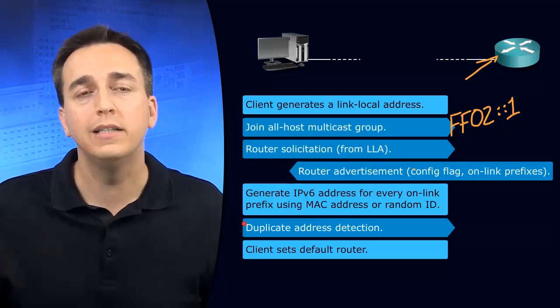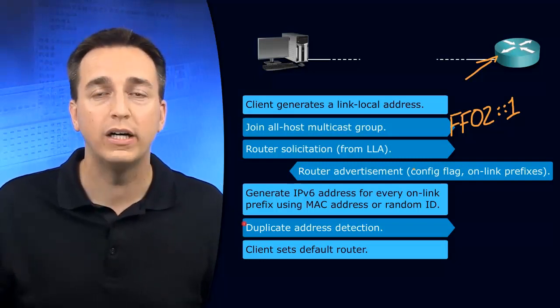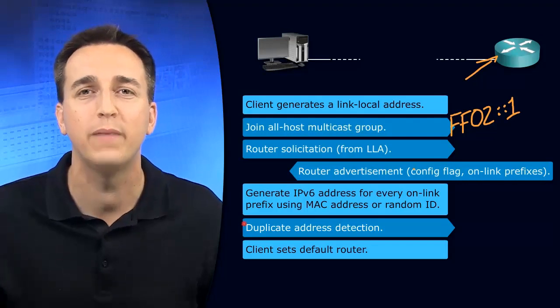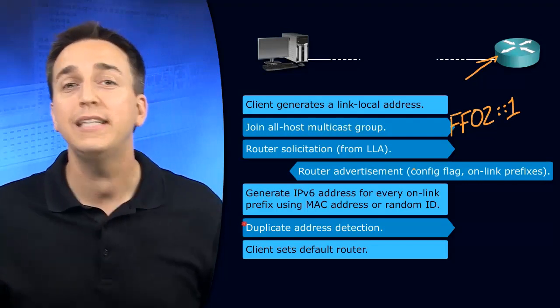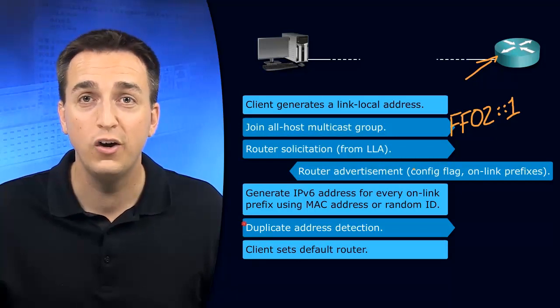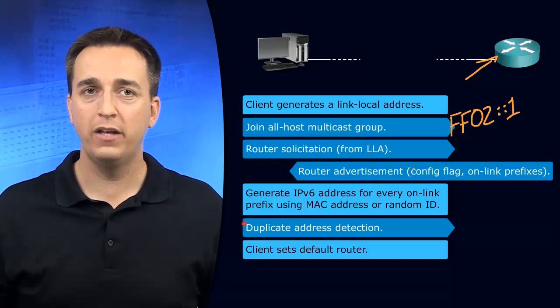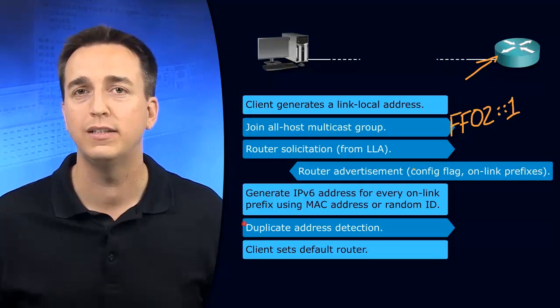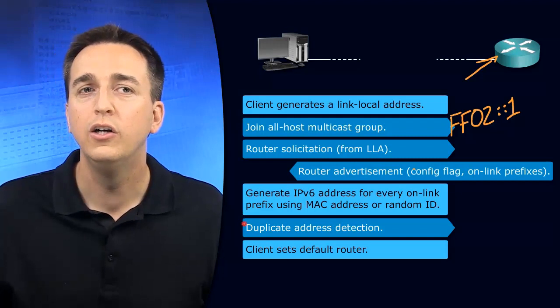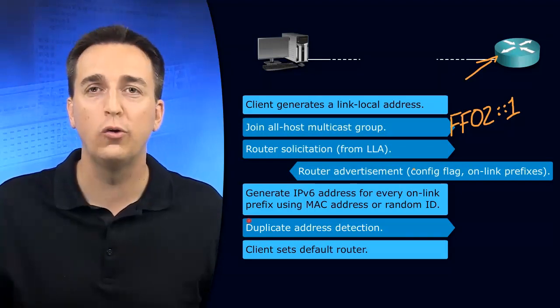However, by doing this, if no device responds with a MAC address based on that neighbor solicitation message, then the PC knows that the address is unique. Nobody has it. Therefore, it can use it. So this DAD process, duplicate address detection, is there to make sure that there are no duplicate IPv6 addresses within this local network.